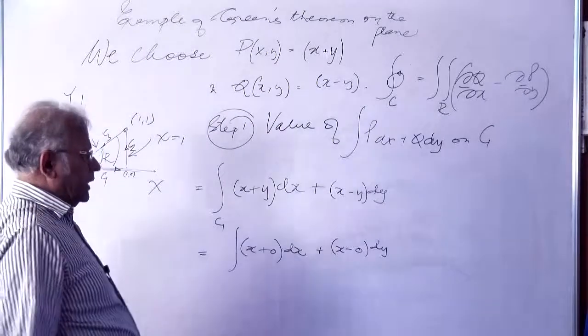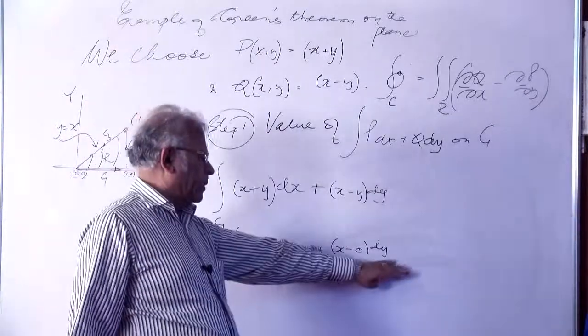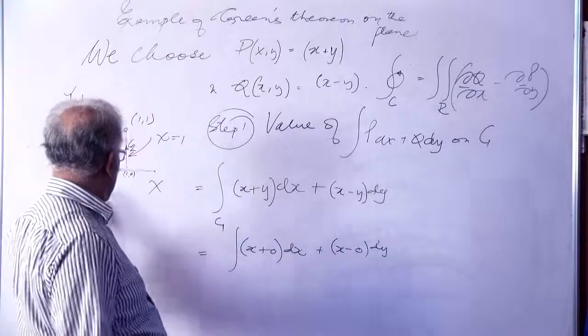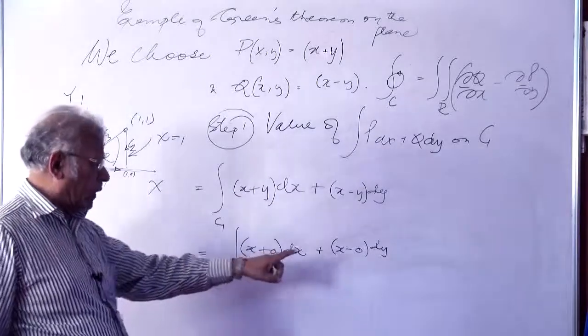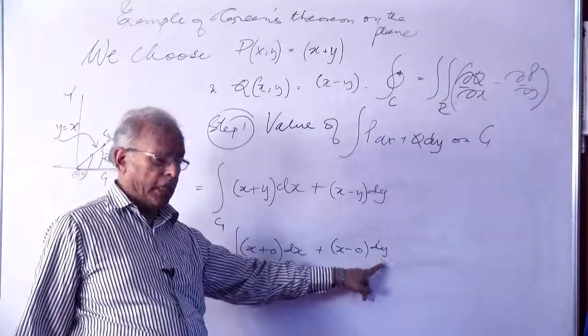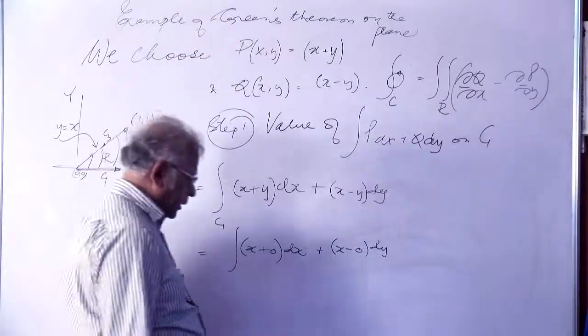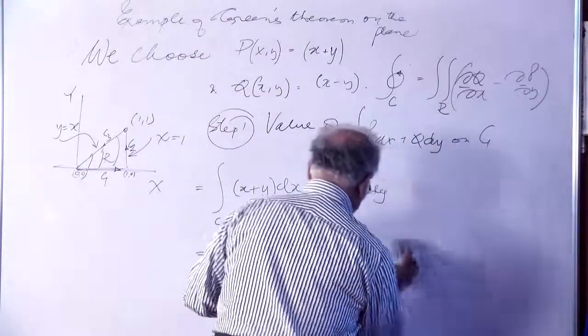Now one thing very significant is that this part will vanish because on the curve C1 there is no variation of y. So dy is 0 since y is 0. So this integral just vanishes.